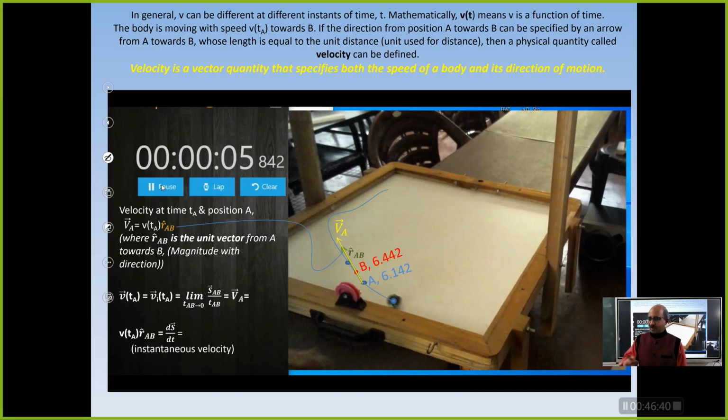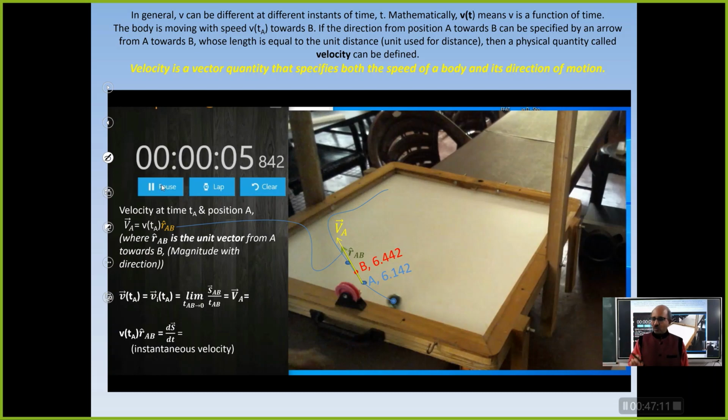But simple words is not sufficient, because in mathematics you should use the mathematical symbols which have precise meaning. So I create a new symbol. How do I define a new symbol? I will draw a straight line from A going towards B, and I will ensure that the length of this line is unit.